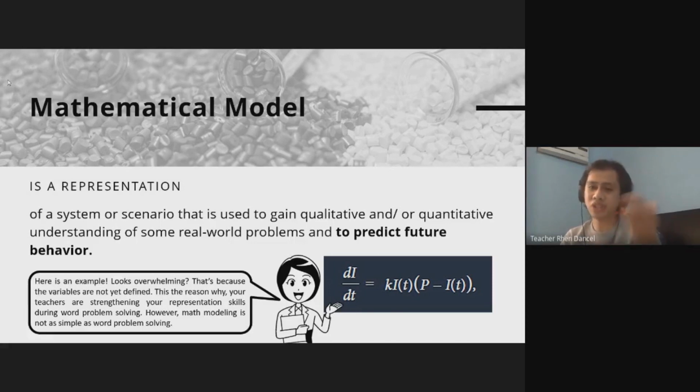As students, when you create your own model, just like this one, you need to name your own variables. You need to represent a situation or a factor into a variable that could further define your model. Remember, one of the skills we strengthened all throughout the discussion of general mathematics is representing situations into functions or equations.